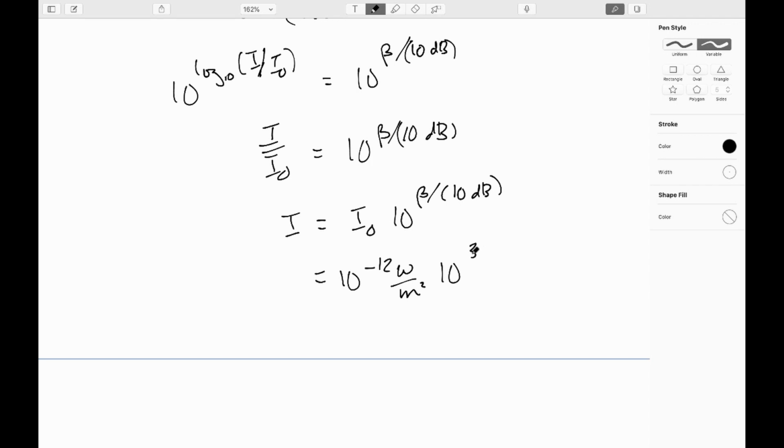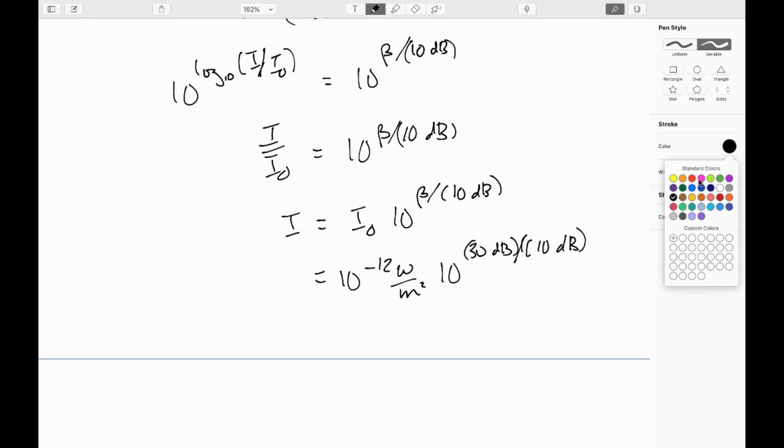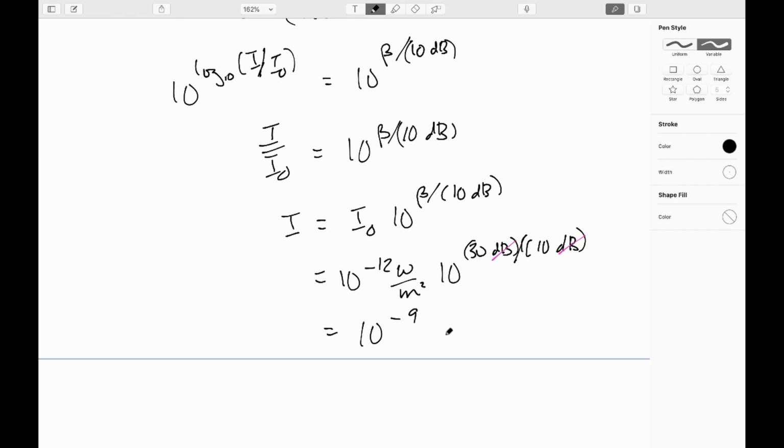This would be 10 to the 30 dB over 10 dB. And although the decibel has no physical dimension, you should always feel good when they cancel inside of power. So this is 10 cubed. So 10 to the negative 12 times 10 to the 3 is 10 to the negative 9. Remember, you just add exponents. So this is 10 to the negative 9 watts per square meter.